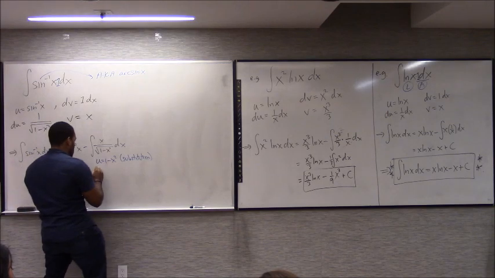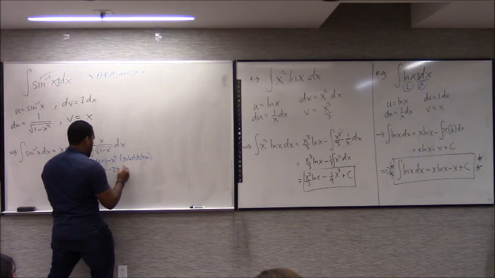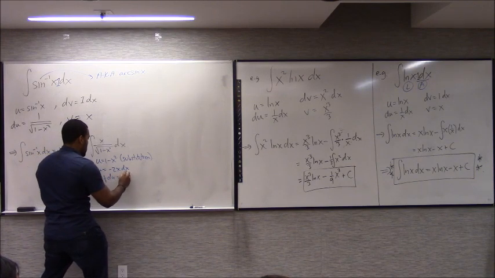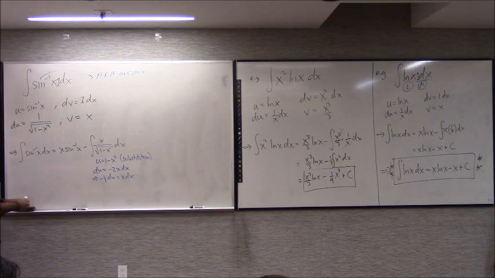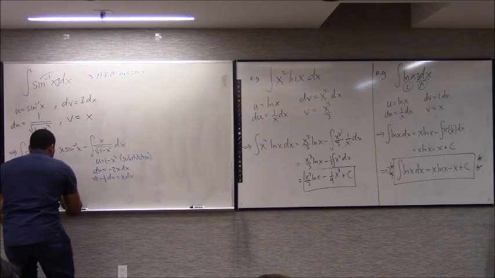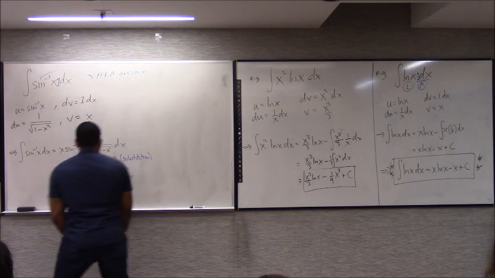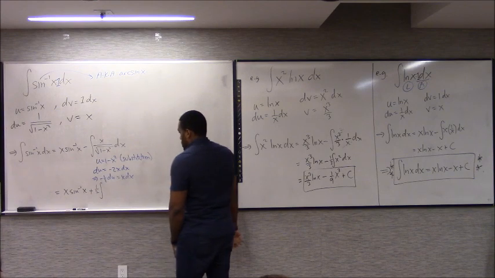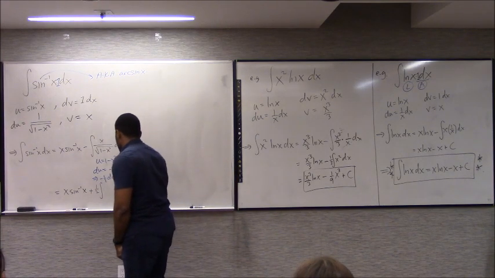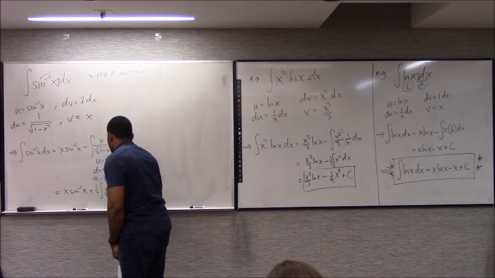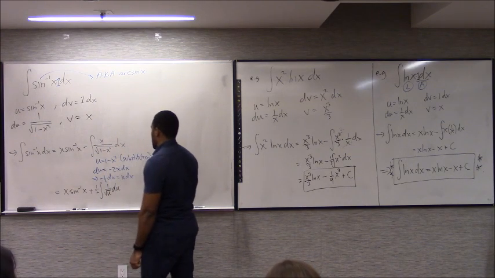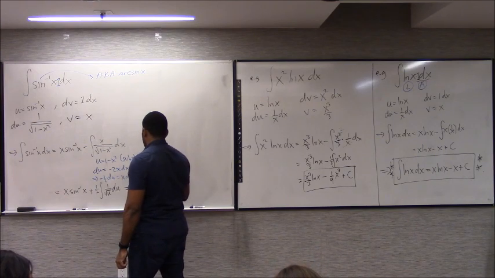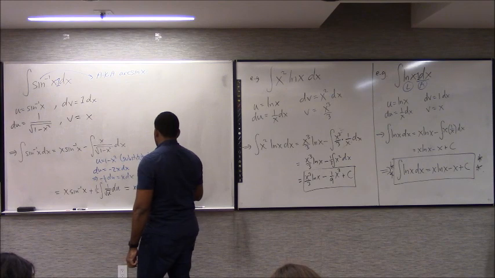So substitution works here, your du will be minus 2x dx, which means that your minus 1/2 du would be the x dx, which means this becomes, this would end up being a positive 1/2, and this will end up being a 1 over radical u du, which we can write as u to the minus 1/2.